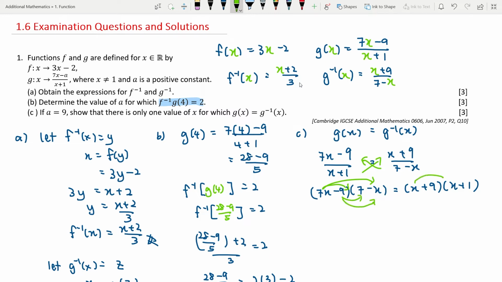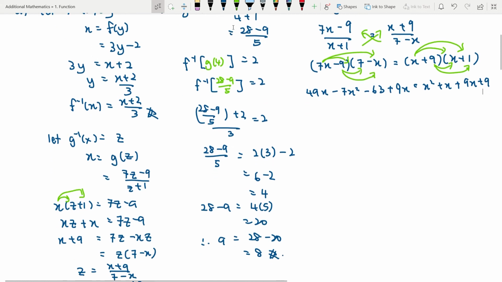Do it for both sides. We have 49x minus 7x squared minus 63 plus 9x equal to x squared plus x plus 9x plus 9. Simplify the equation. We have 58x minus 7x squared minus 63 equal to x squared plus 10x plus 9.